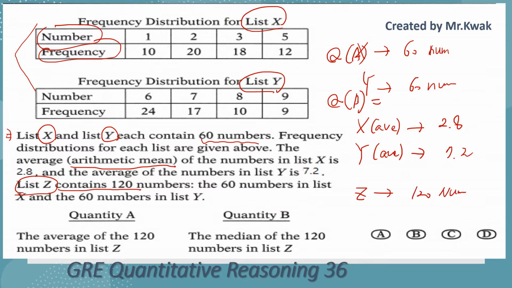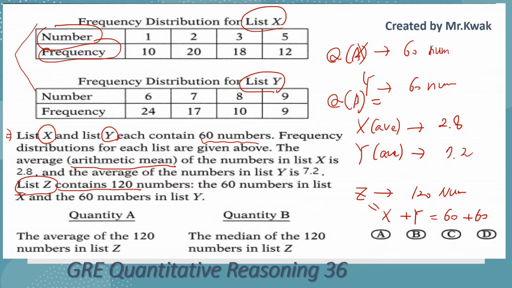The numbers in list X and the numbers in list Y, which means 60 numbers plus 60. Quantity A, the average of the 120 numbers in list Z.